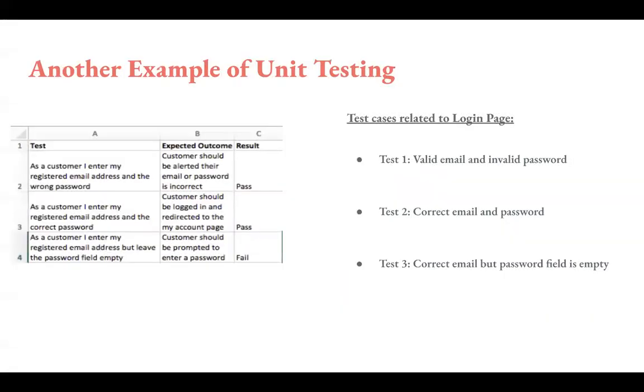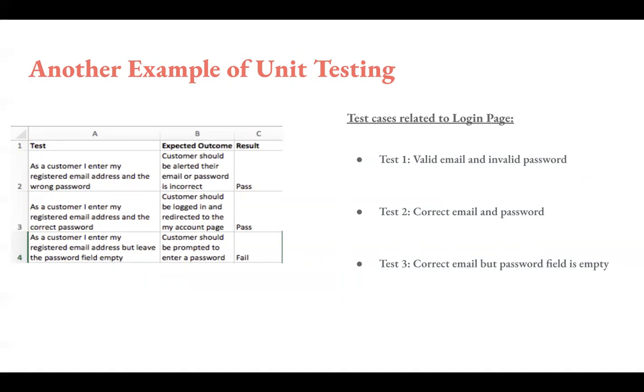Similarly, we have another example. The test cases are related to login functionality. The first test case is when the email address is correct, but the password is wrong. Then the customer should get a proper error message that email or password is incorrect.